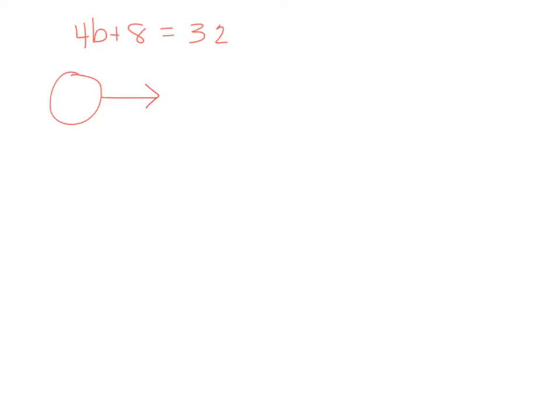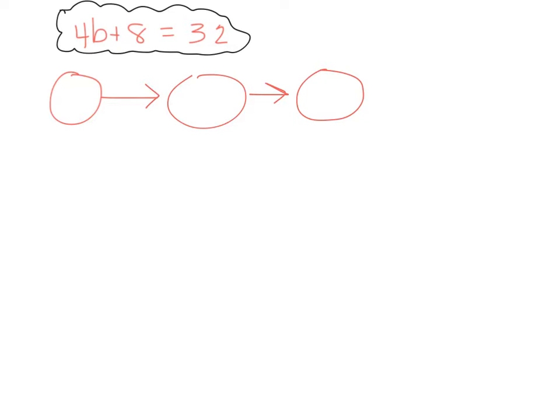Okay, so I just need to draw a new flowchart for this equation. You don't need to do this right now, I'm just explaining a few things. Actually, let's do a new flowchart under the one you just had with the explanation of what everything is. So let's make a flowchart for this equation, 4b plus 8 equals 32. I told you this first circle is our input, which is our variable.